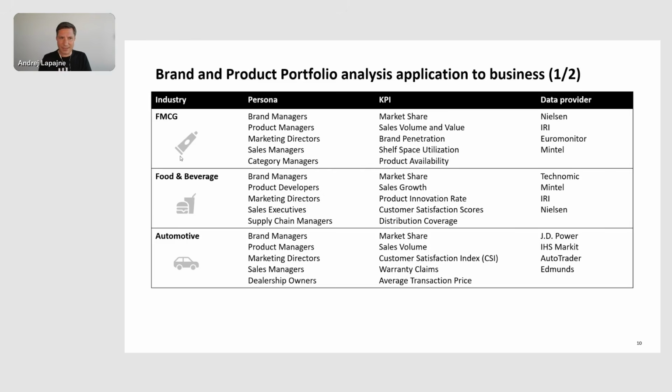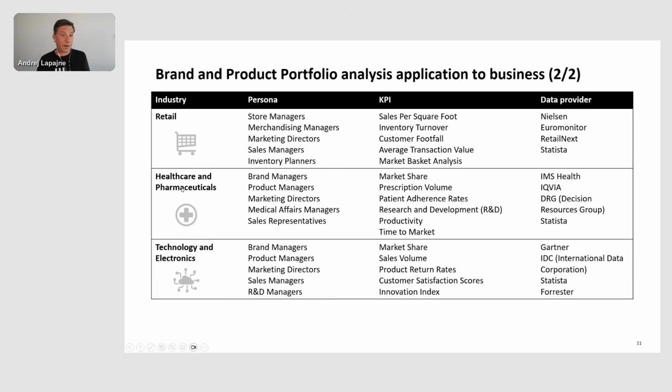So here's basically a breakdown by industry. In FMCG, for example, Nielsen is, I would say, the number one data provider, but there are a couple of others. You have some other providers for food and beverage. I mentioned automotive, where you have JD Power, IHS, Auto Trader, and others.